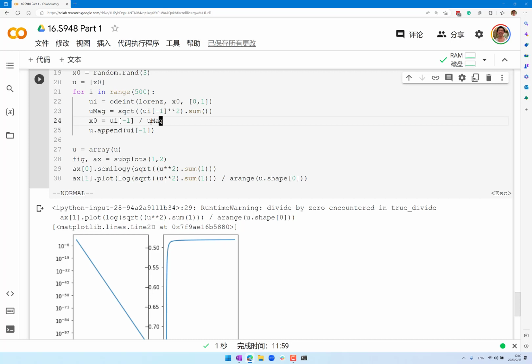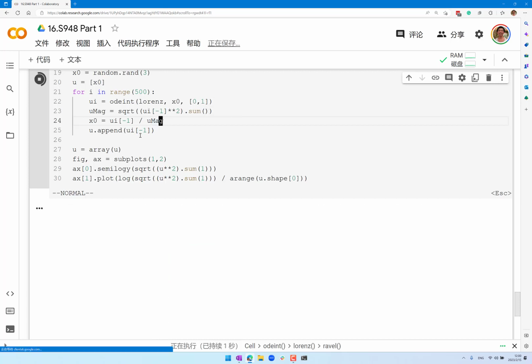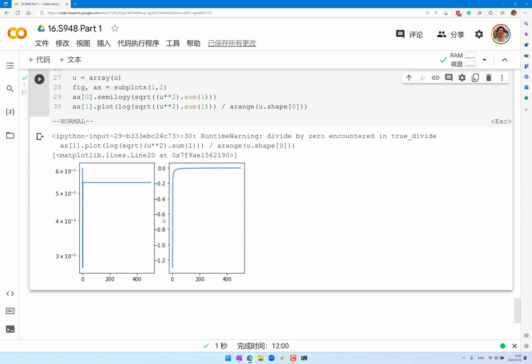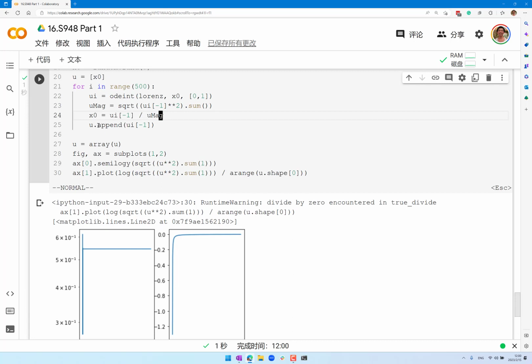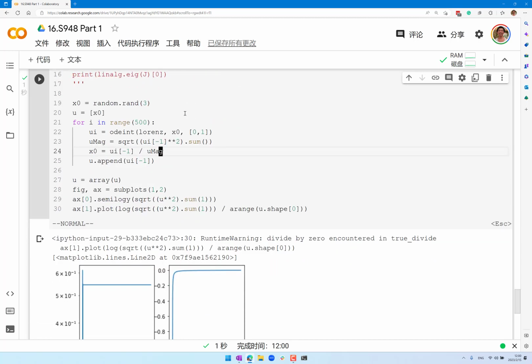Okay, and then let's actually look at this. We are going to see that this procedure doesn't work anymore, because as time goes on, the magnitude of u is going to be kept pretty much at a constant level, because every time the solution becomes smaller, right, because the system is stable, before it can get smaller, I normalize it so that it is always magnitude equal to 1.